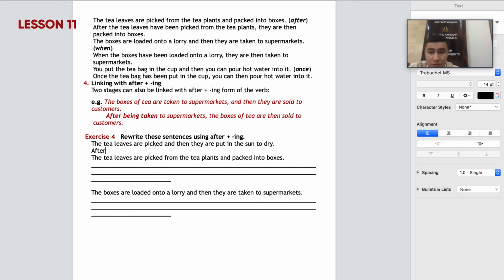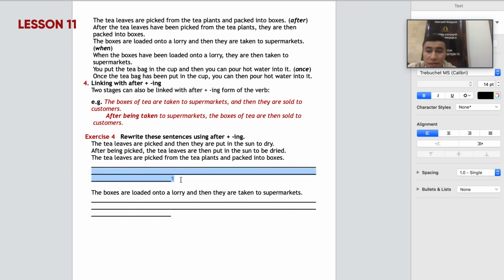Okay, after being picked, the tea leaves are then put in the sun to be dried. Okay, let's use passive voice here. After being picked, the tea leaves are then put in the sun to be dried.